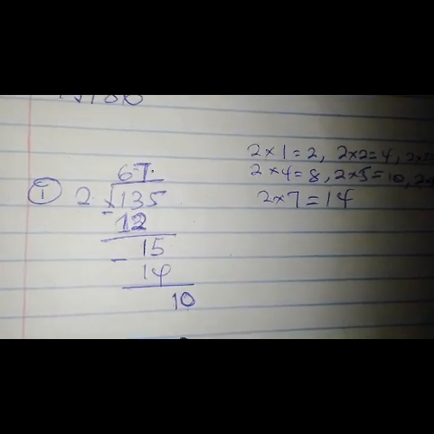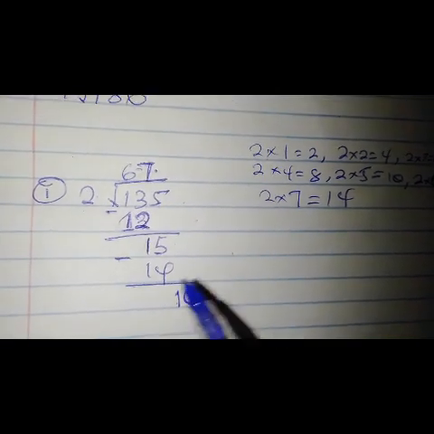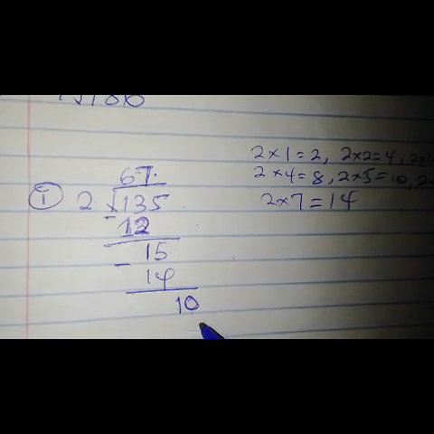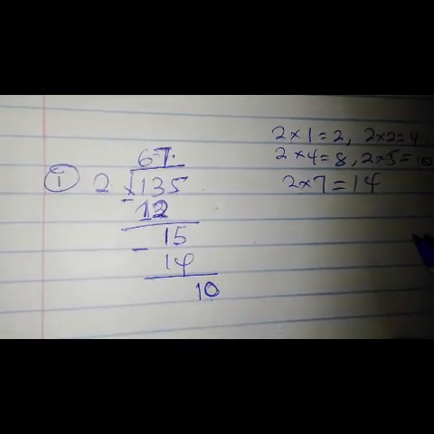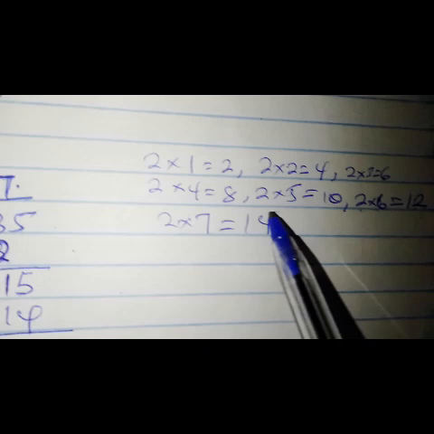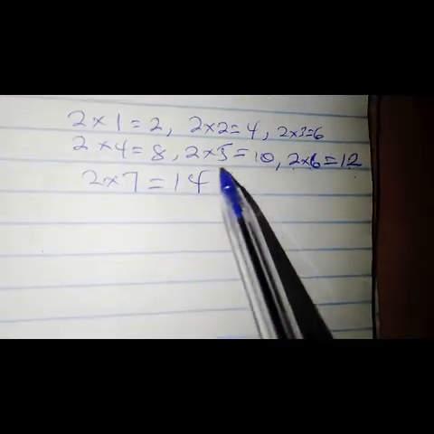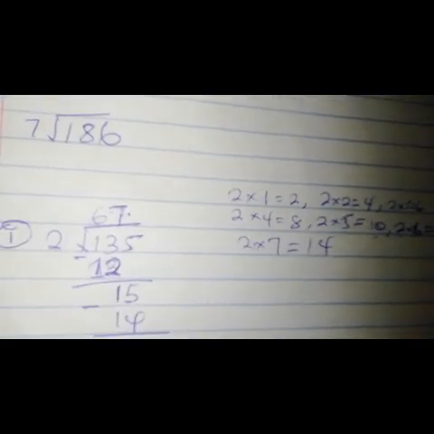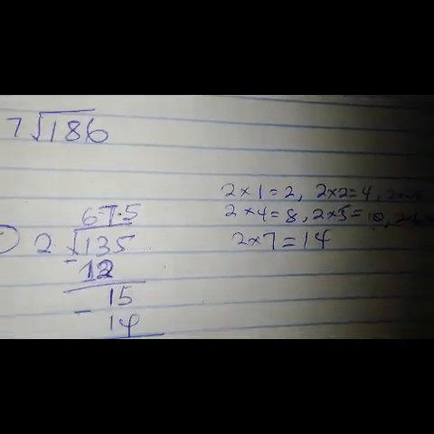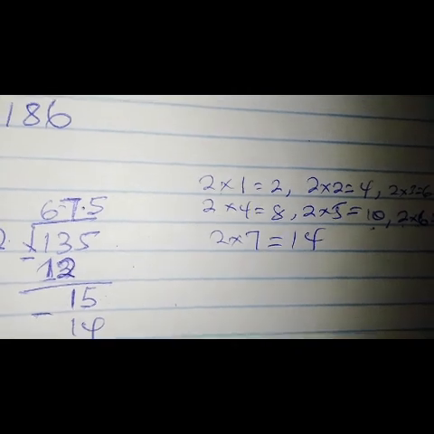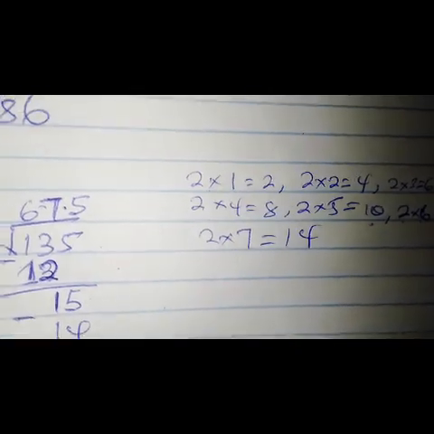So that's a 0 over there. So 2 times what will give you 10? 2 times 5 is 10. So we put 5 here, and when we subtract, it's 0.